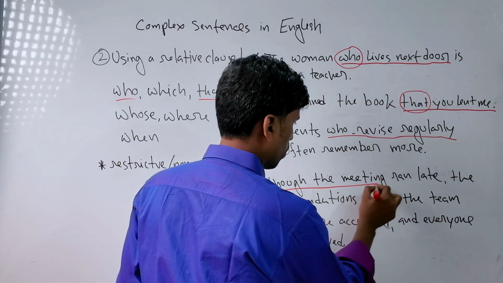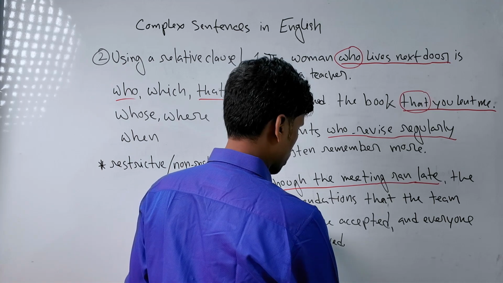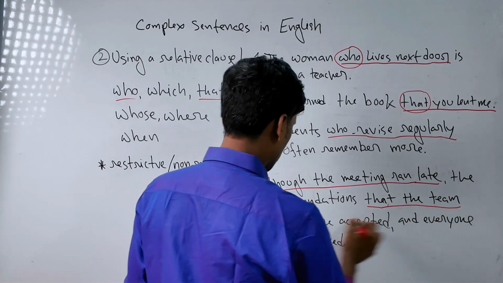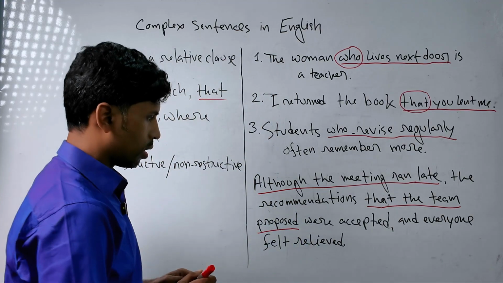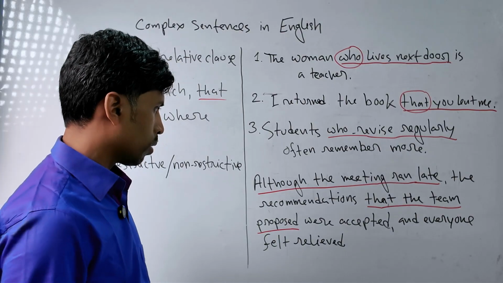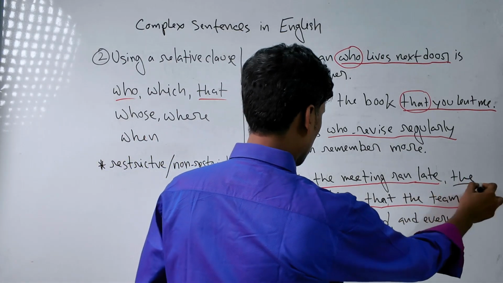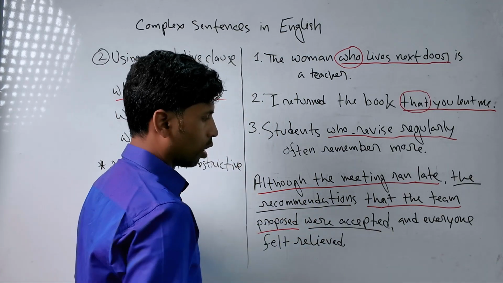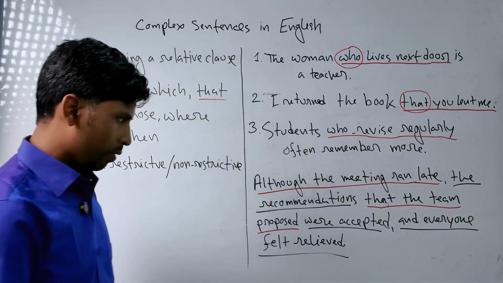This is one clause, and that the team proposed, that's another clause, and we have other clauses as well. So the recommendations were accepted, that's one clause, and everyone felt relieved, that's one clause.